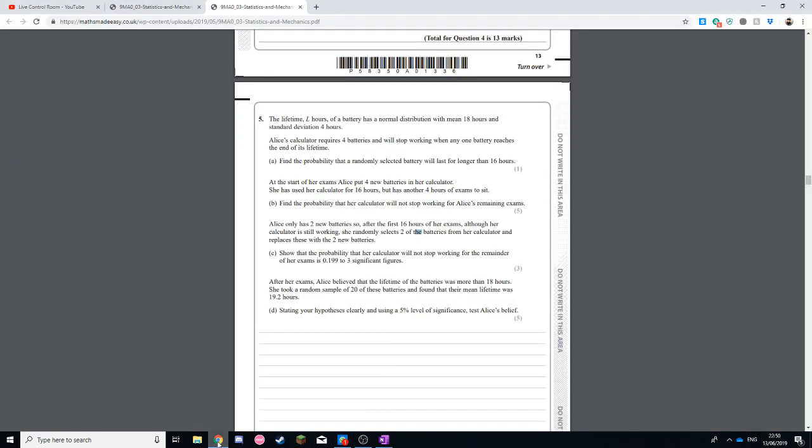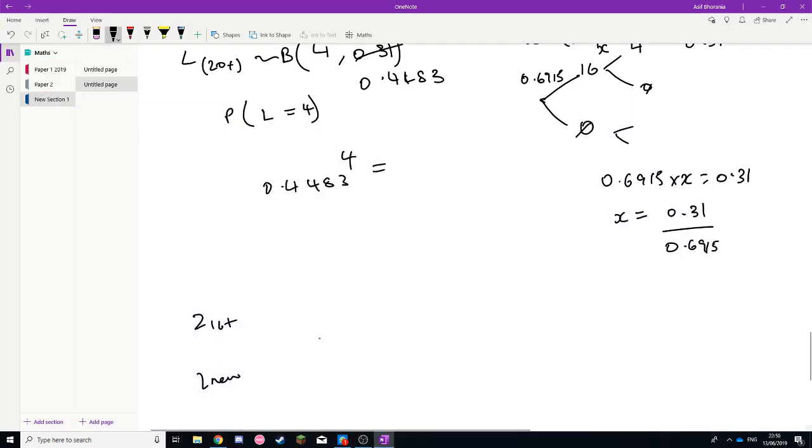Thank you for that, Excel. So now, in my head, I'm thinking these two new batteries are very unlikely to be the reason why they die, but I'm still going to have to incorporate that into my final probability. The main thing is making sure that these guys are the ones that survive. I think I can just say the probability that these two survive is 0.4483 squared, because each of those I'm going to assume are independent.